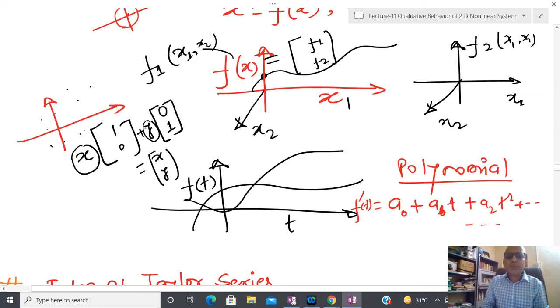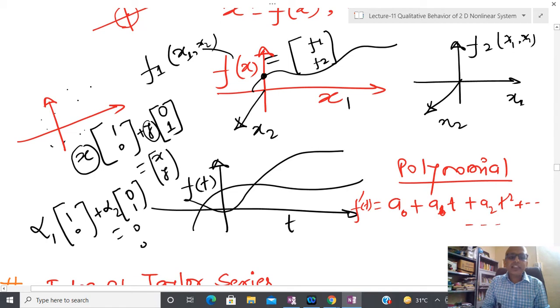And what is the property of a basis? That these two are independent vectors. How are we checking that two vectors are independent? We multiply alpha 1 with one vector and alpha 2 with another vector, and then check the solution.